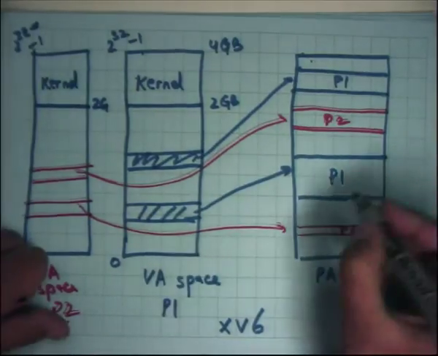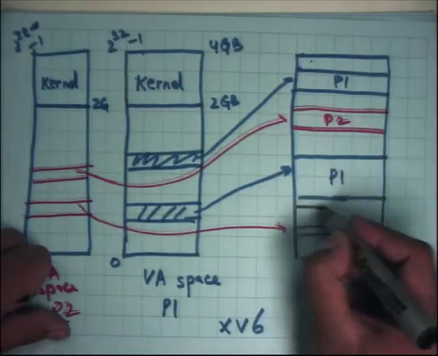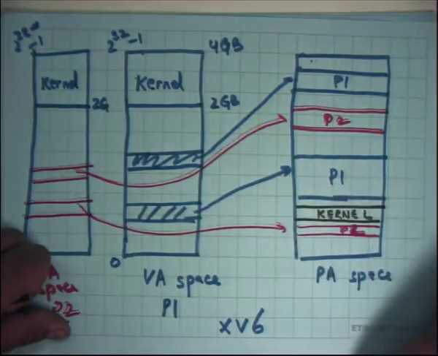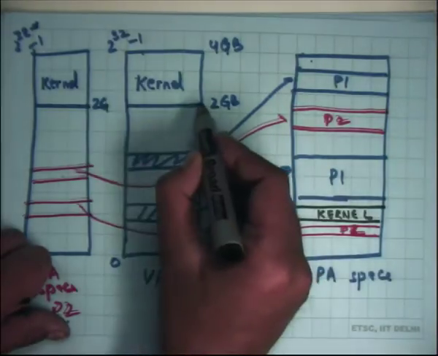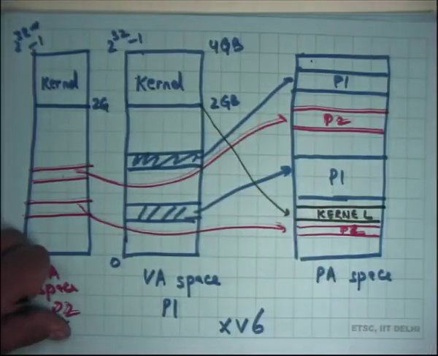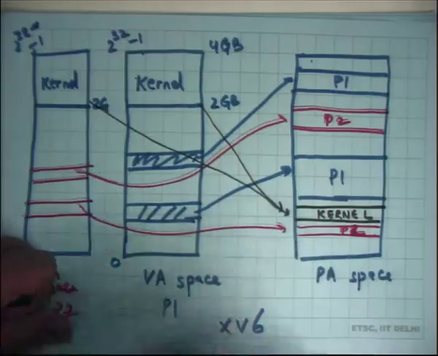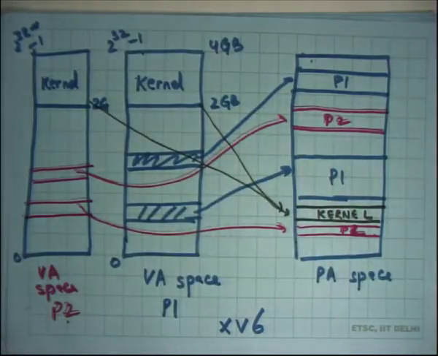It's a black color, and let's say these are the kernel pages. Okay, so let's say these. Here is the mapping from the kernel, and this stays constant. Okay, irrespective of the process that's running, you'll always have this mapping.